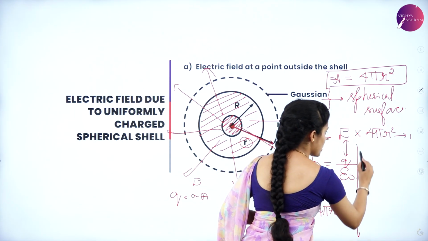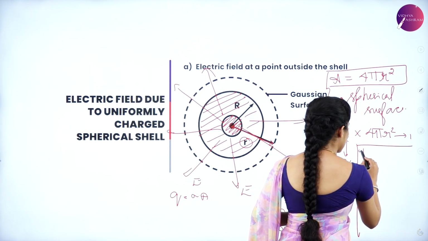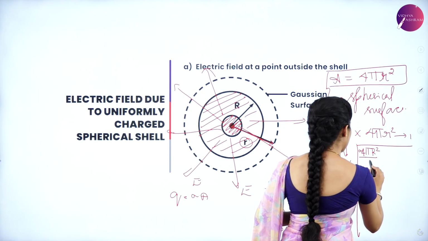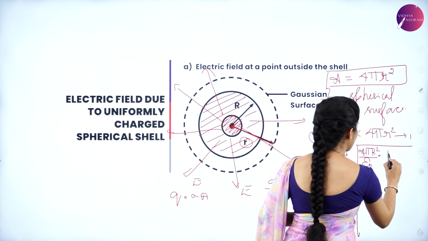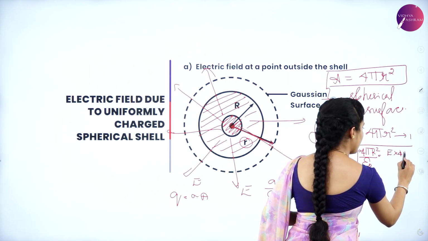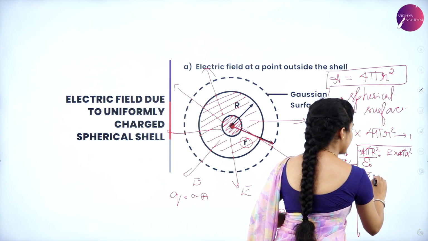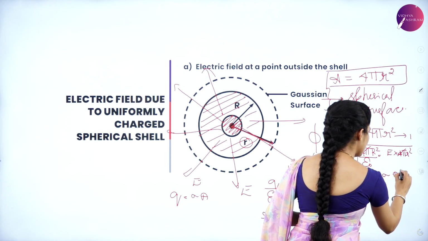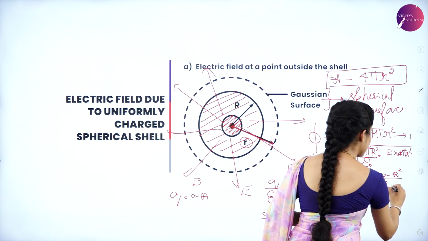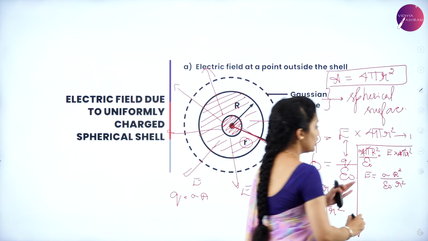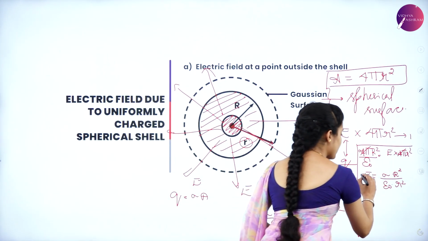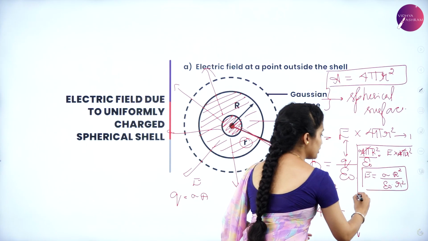So sigma 4 pi R square divided by epsilon naught is equal to E into 4 pi r square. 4 pi cancels with 4 pi, and what remains is the electric field, E is equal to sigma R square divided by epsilon naught r square. So you have got this equation. Now substituting for sigma, you can either end here itself or continue.